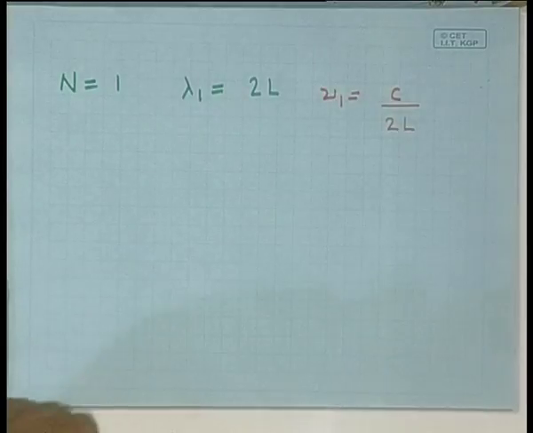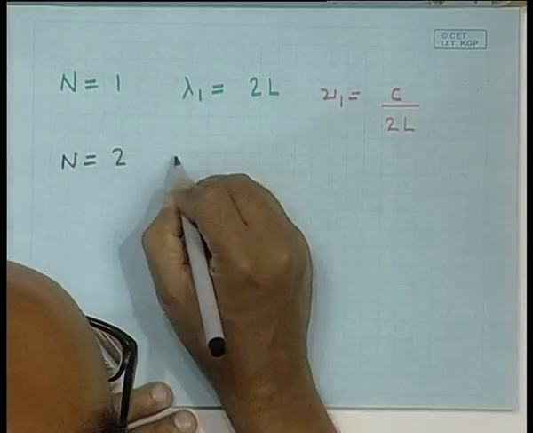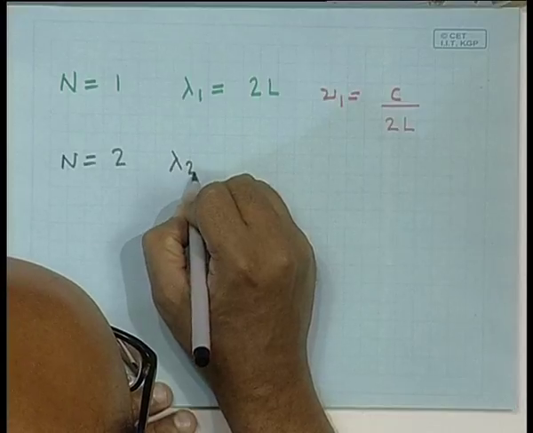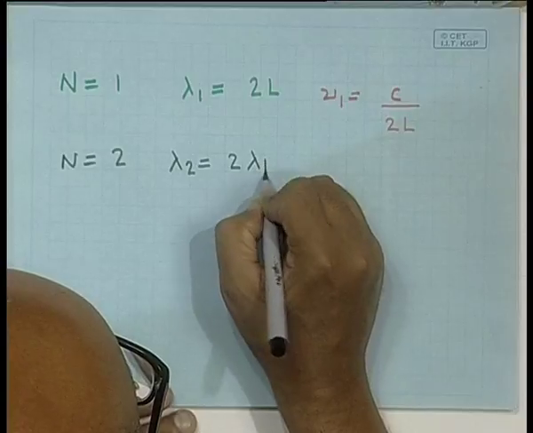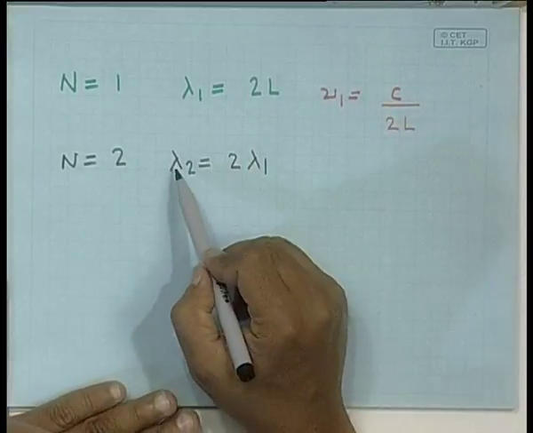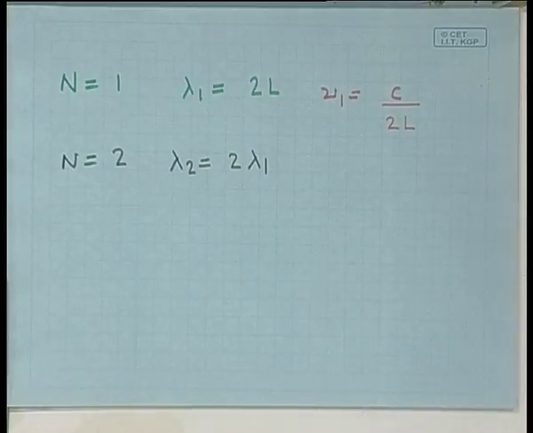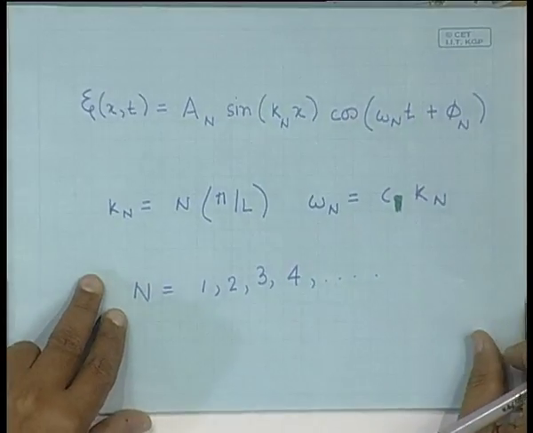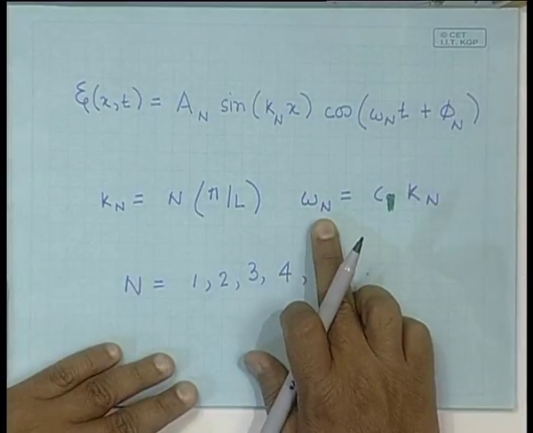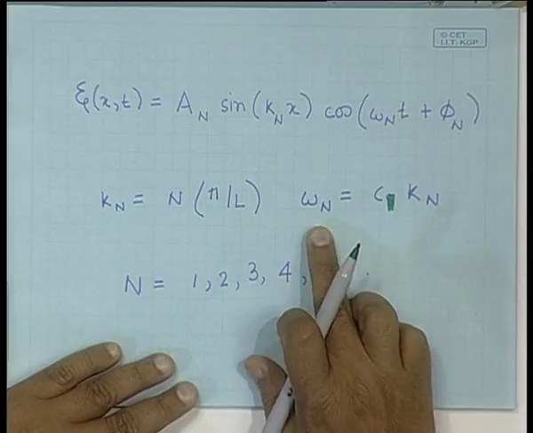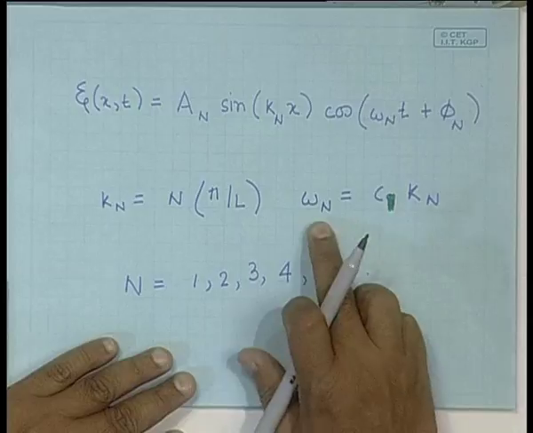So, for n equal to 2, the wavelength is lambda 1 divided by 2, where lambda 1 is 2L. Similarly, the frequency is the angular frequency divided by 2 pi.